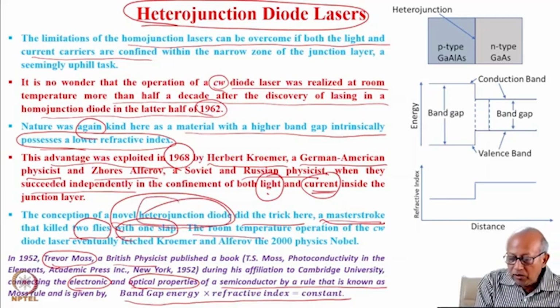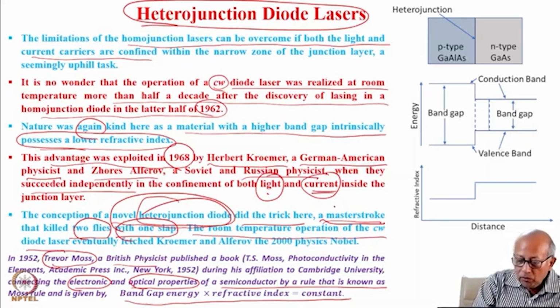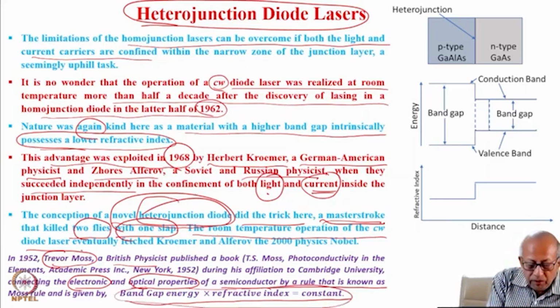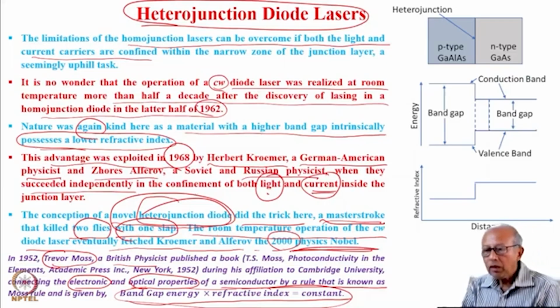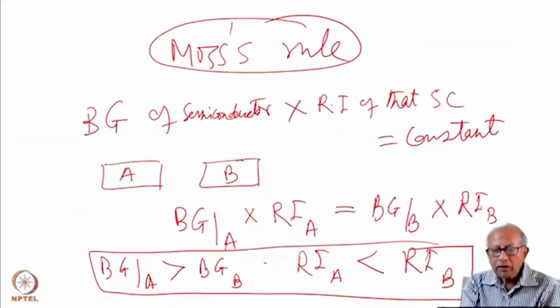The room temperature operation of the CW diode laser, which was possible with this exploitation of this rule, eventually fetched Kroemer and Alferov the 2000 Physics Nobel Prize.